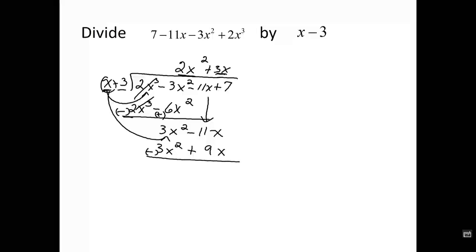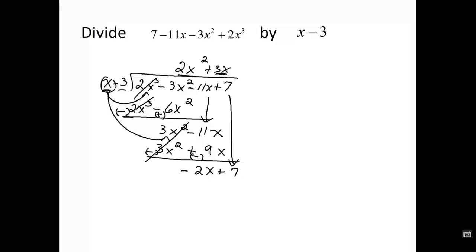This becomes a negative 3x squared and a negative 9x. A negative 3x squared plus a positive 3x squared cancels out. A negative 9x plus negative 11x... so this is positive, a negative 2x. And now bring down the next term, which is a positive 7.